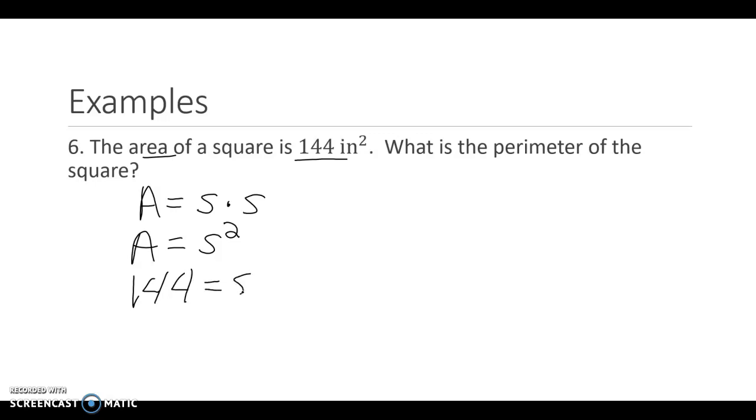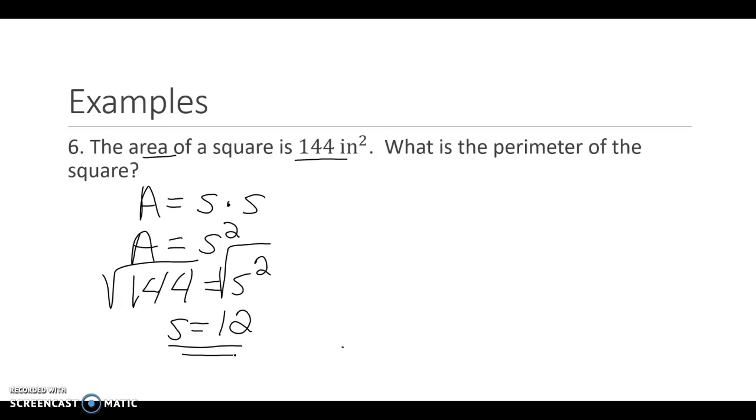So 144 equals s squared. In order to find the side, we're going to take the square root, and so the side is going to be positive 12. Now we don't need plus or minus, it's only positive because we're actually looking at the side of a square. So side is 12.